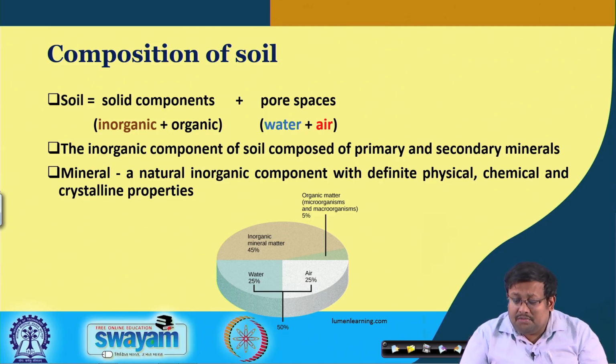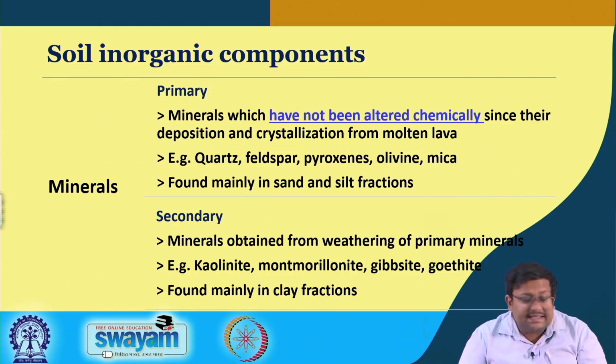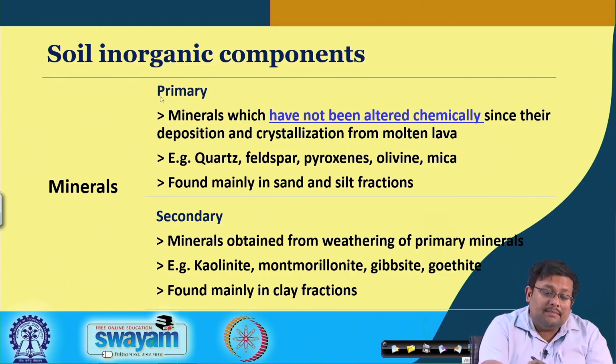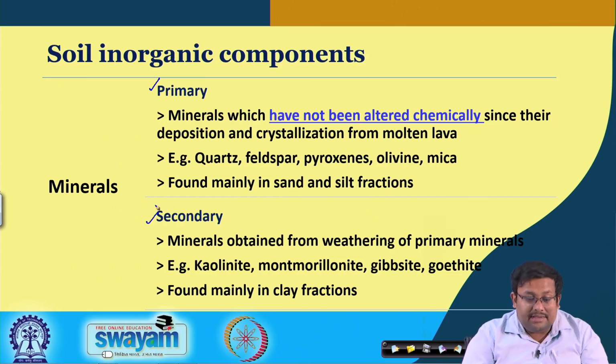So, let us move ahead and see what is the major classification of the minerals. Well, we can classify the minerals into primary minerals and secondary minerals. Okay. So, what is the difference between primary mineral and secondary minerals?